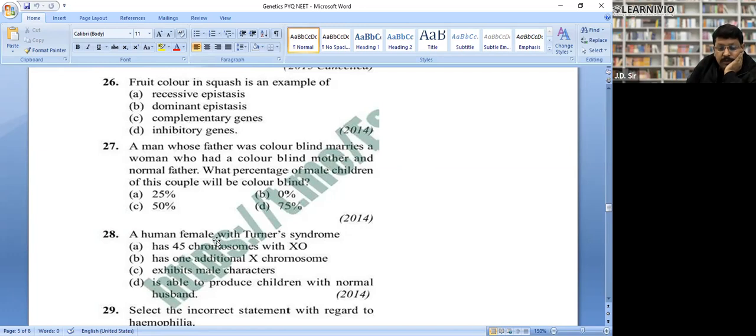A man whose father was colorblind marries a woman who had a colorblind mother. A man whose father was colorblind means he is not colorblind, right? A woman who had a colorblind mother means she is a carrier. A normal father. What percentage of the male children of the couple will be colorblind?